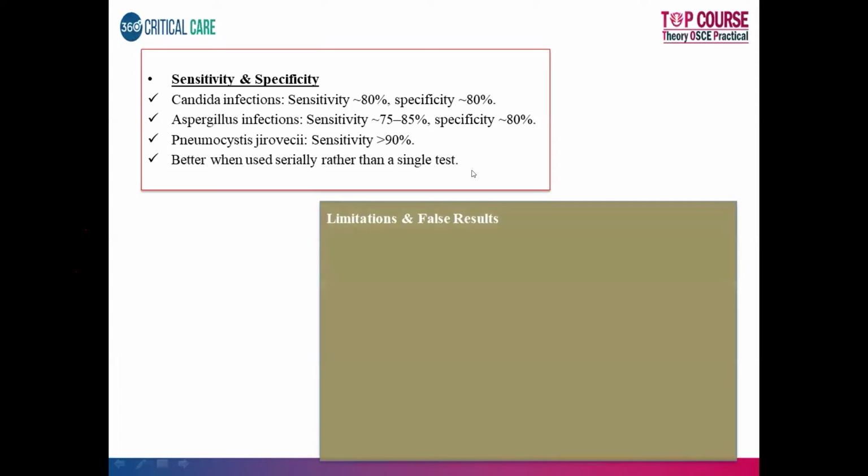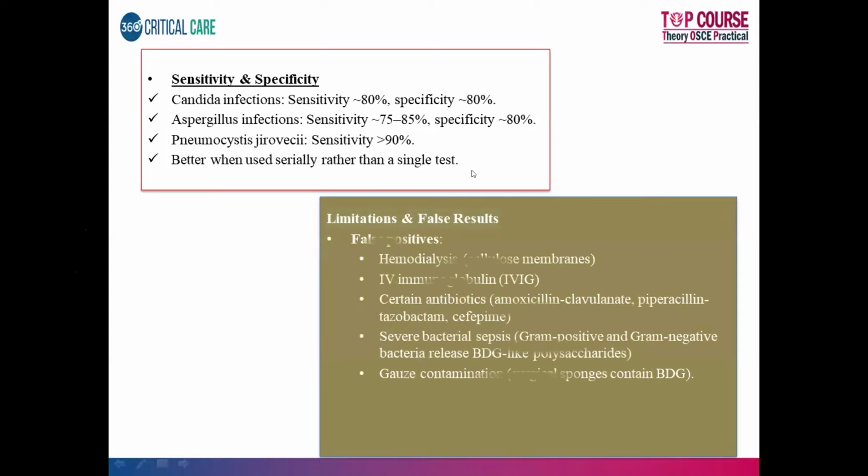Now, what are the limitations and the false results with this? The false positives are usually seen with hemodialysis patients because it contains some cellulose membranes, so it might come as a positive result. Also if the patient has had recent IV immunoglobulin therapy, certain antibiotics, or severe bacterial sepsis, because gram positive and gram negative bacteria release BDG-like polysaccharides.